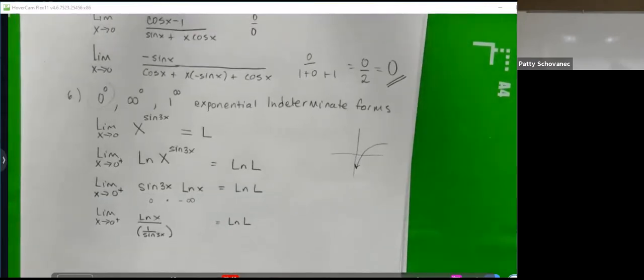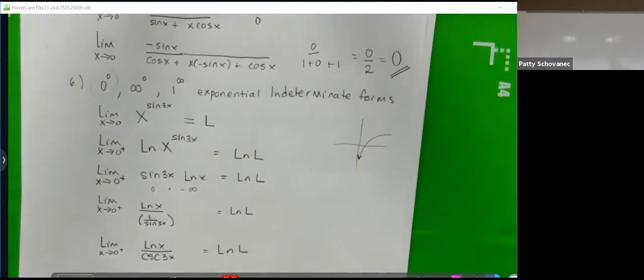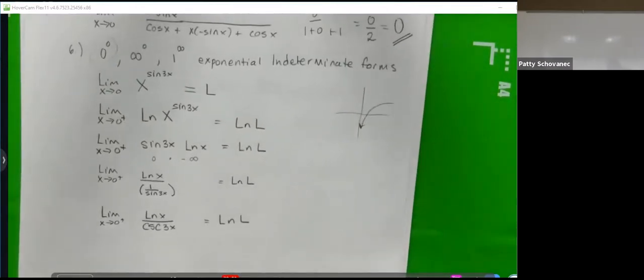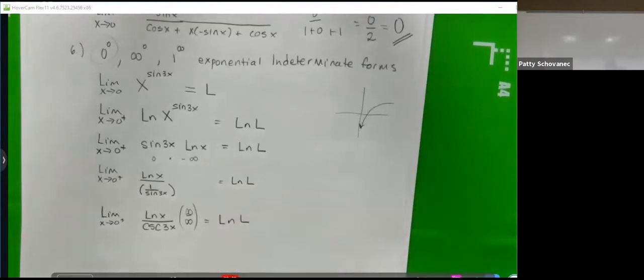And 1 over the sine was the cosecant. And so now I have an infinity over infinity form, because the cosecant was 1 over sine, 1 over 0 becomes infinitely large.